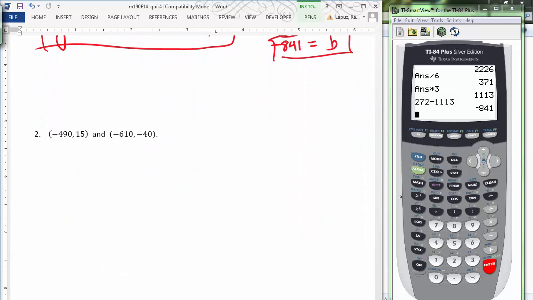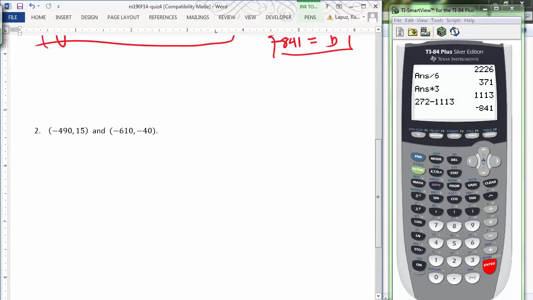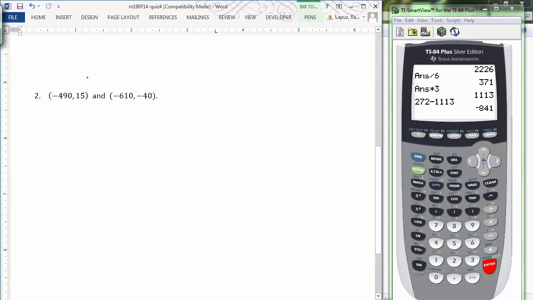For the second one, we can think about it as doing the same process, and we just have to be careful with our negative signs. Alright, let's see if we can get this done. Our m is equal to the difference in the y's.